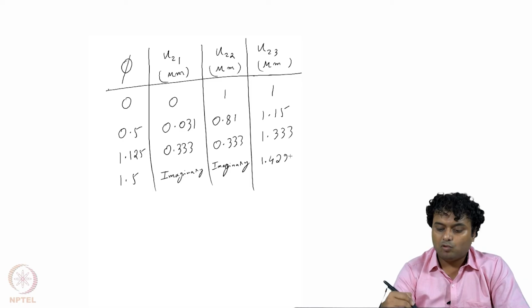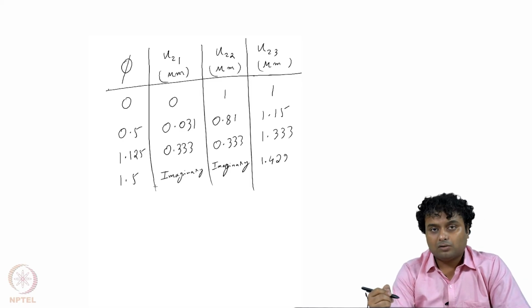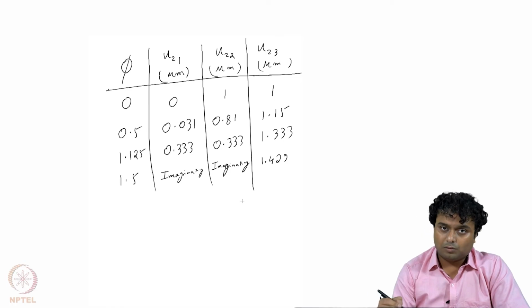So if we take more voltage than pull-in voltage, then already we know that there is no stable condition, means there is no point where the electrostatic force and the mechanical force can be the same. So we get the imaginary root, and another root is more than 1 micron gap, which is also not possible. So there is no possible solution for the case where it is more than the pull-in voltage or while the gap is more than 0.333.